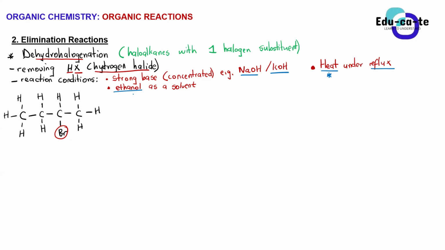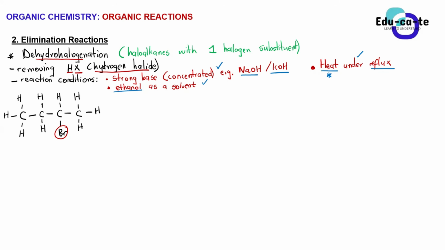For this reaction to take place, we need these three conditions to be met: a strong concentrated base, ethanol as a solvent, as well as strong heat under reflux. So whenever they ask you the reaction conditions, or whenever you see these reaction conditions, you must know that this is an elimination reaction. So now, how does this elimination happen?